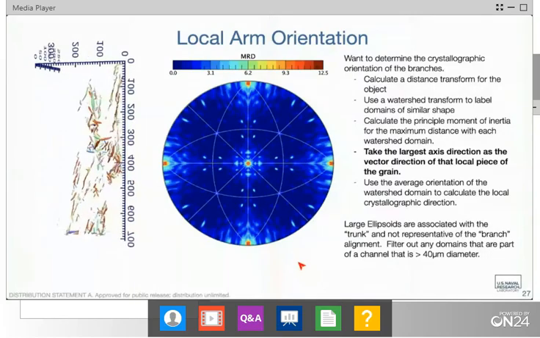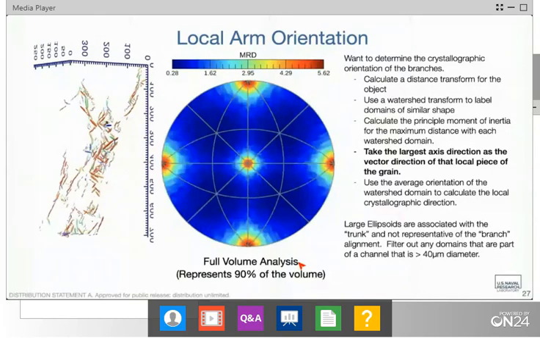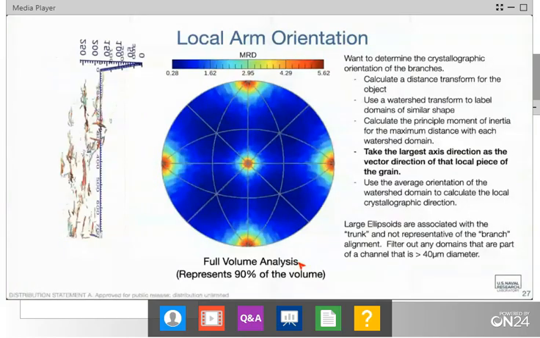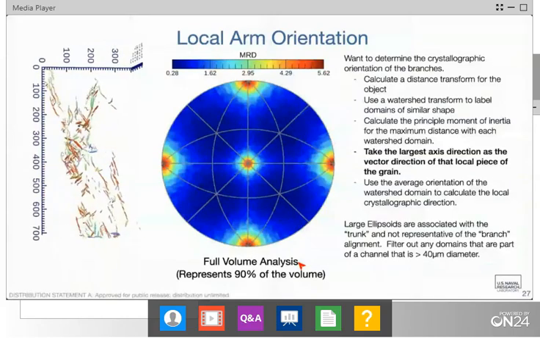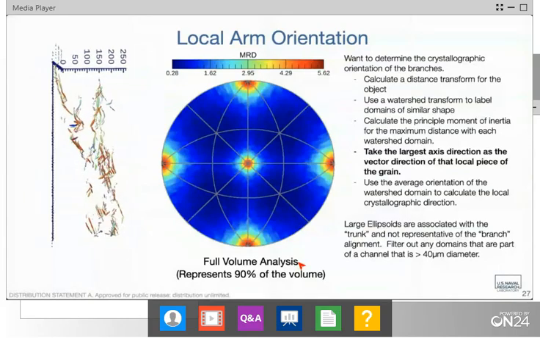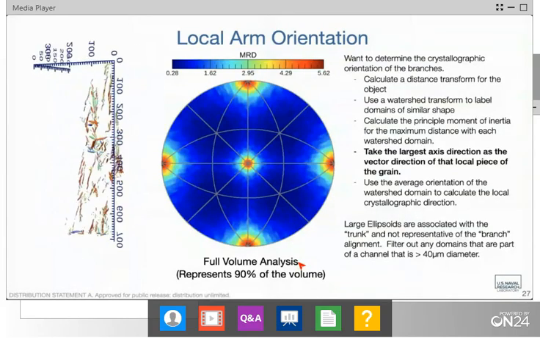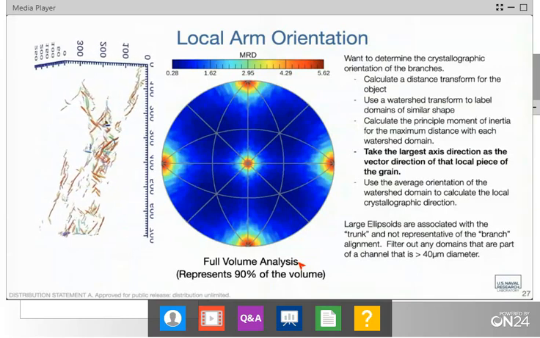If we look at the entire structure, we analyze all of the arms within the entire AM structure, we again get this high degree of alignment of 0, 0, 1 directions. So all of those branches and arms and zigs and zags you're seeing, those are all along 0, 0, 1 directions. And it really talks about how dominant that fast growth direction ends up being for the growth of these morphologies within the structure.